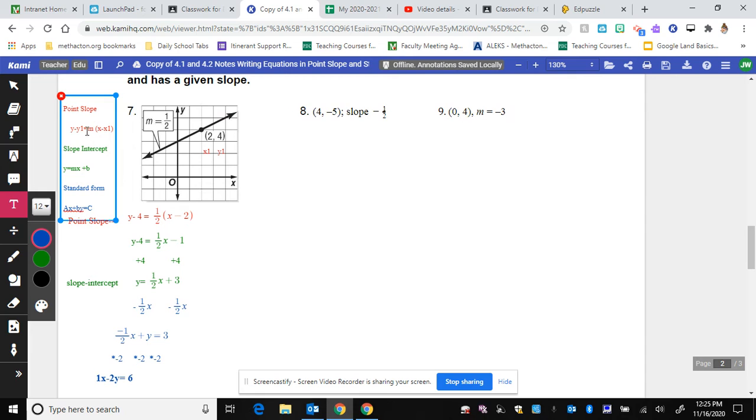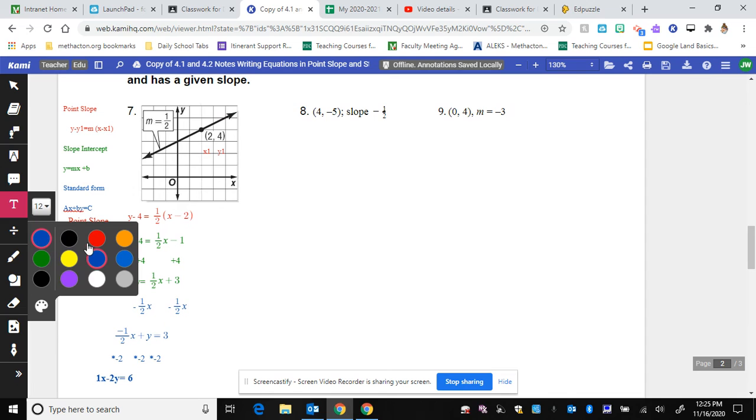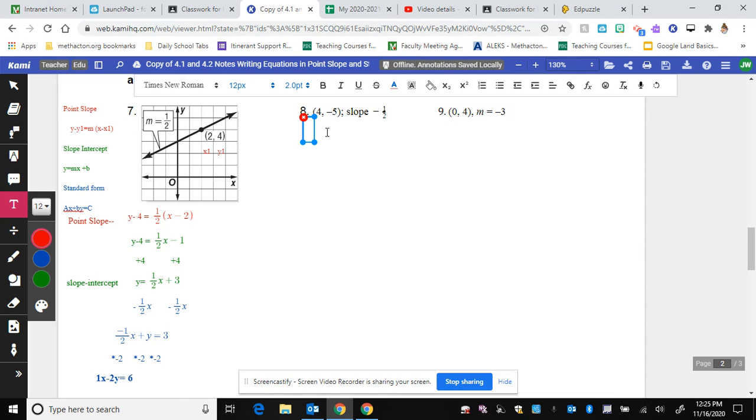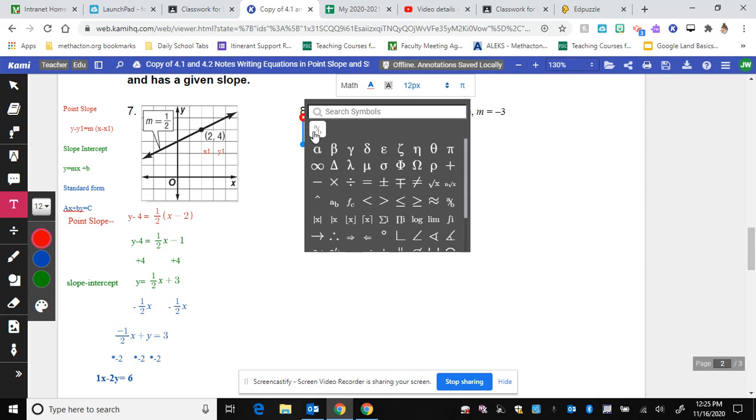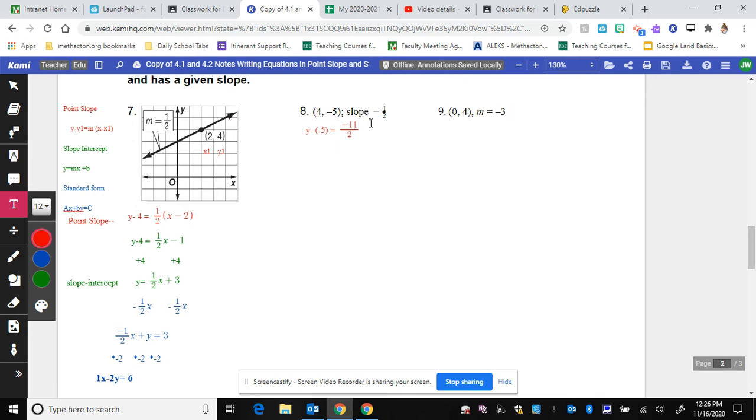So first step, again, we need to do point slope. So let's color coordinate again. Here we got our point slope, which is y minus y1 equals m, x minus x1. So if I'm doing my y minus, and we have -5 in y, equals my slope, which is -1/2.